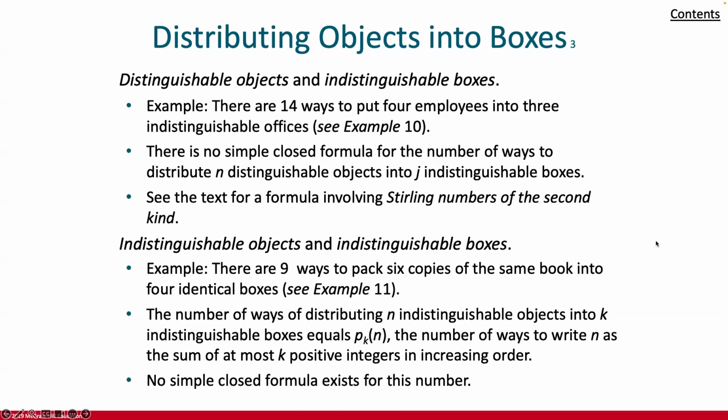In terms of indistinguishable objects placed in indistinguishable boxes, there are 9 ways to pack 6 copies of the same book into 4 identical boxes. If you look in Rosen, the first one is covered in example 10, and the second one is covered in example 11. Okay, that's what we're going to cover for this lecture. Thank you very much for your time.